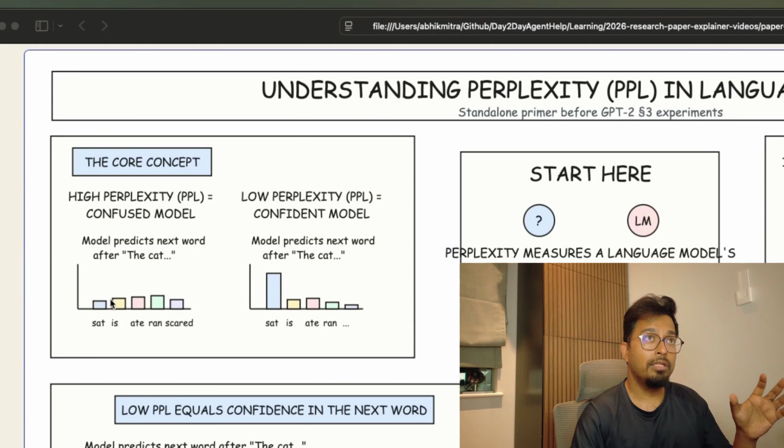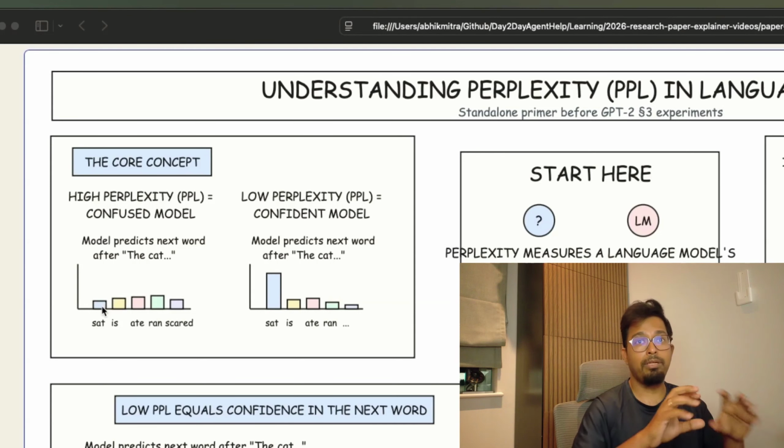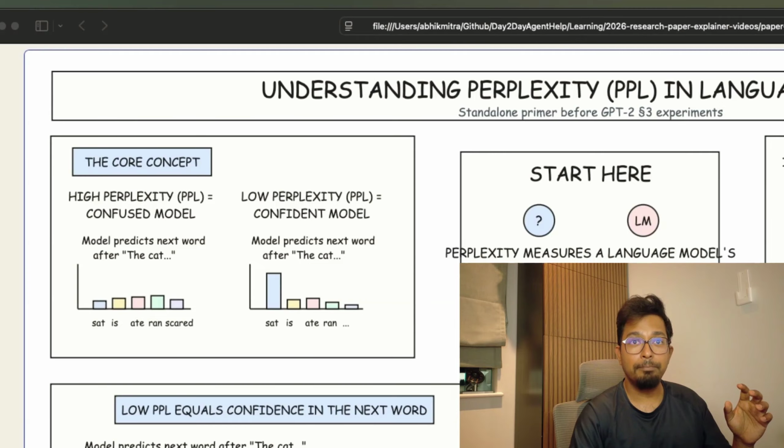If the model is confused, it'll have probabilities which are fairly close by. That is high perplexity, and this is low perplexity, which means the model is more confused.